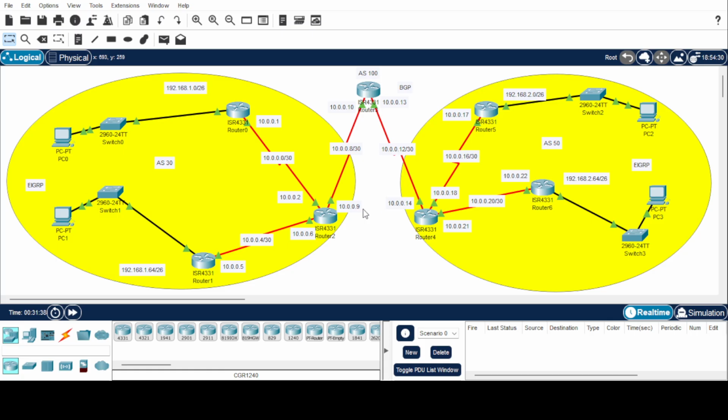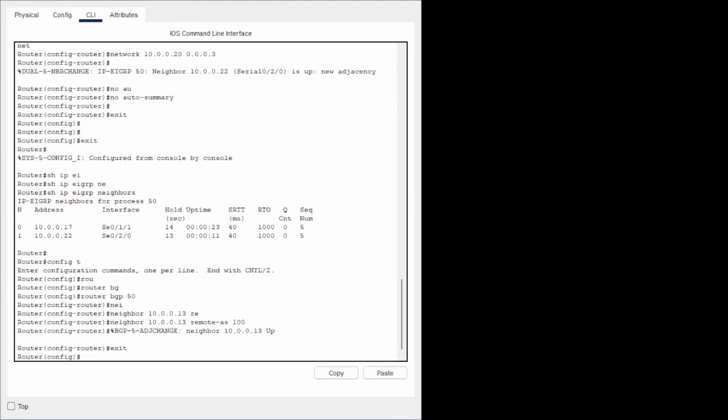So let's see this serial port's metric values on router number 2. This is the serial port.